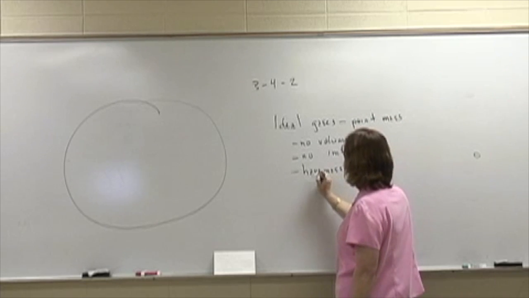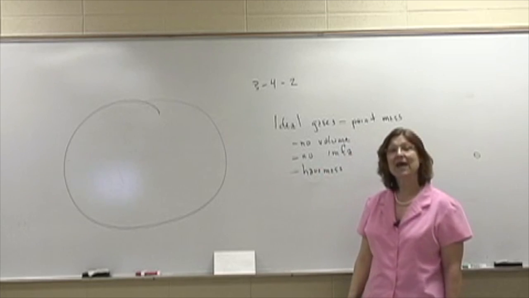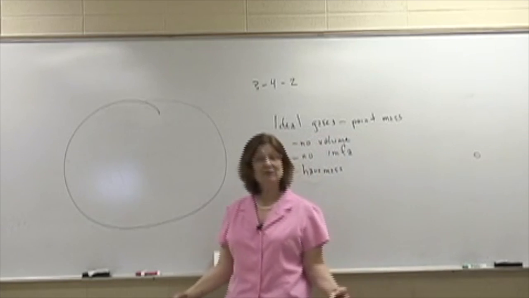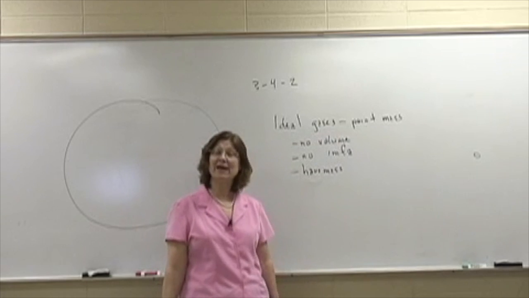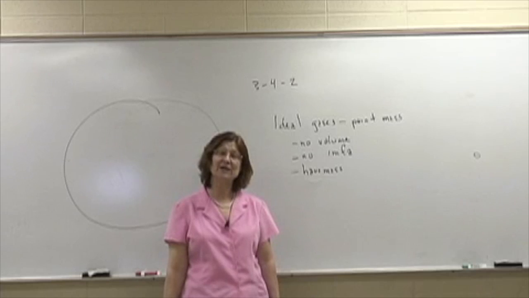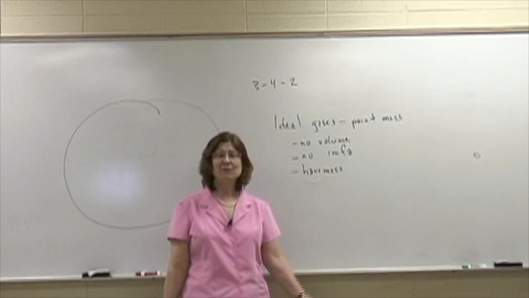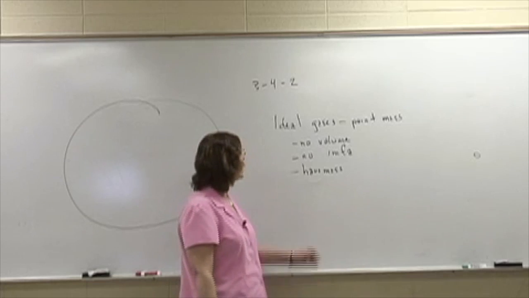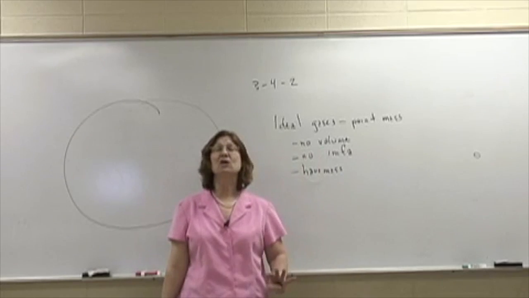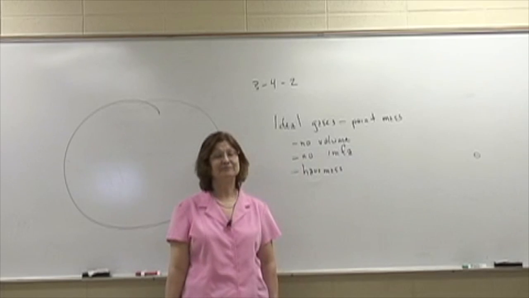That's all they have is point mass. Ideal gases have point mass. And therefore, real gases would have volume, and we would have to take into consideration their intermolecular forces of attraction. And that only happens when we have high pressure and low temperature. And we'll discuss that again later. However, now in our gas laws, we are only considering gases to behave as though they were ideal.